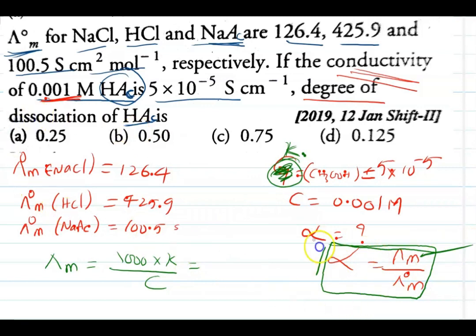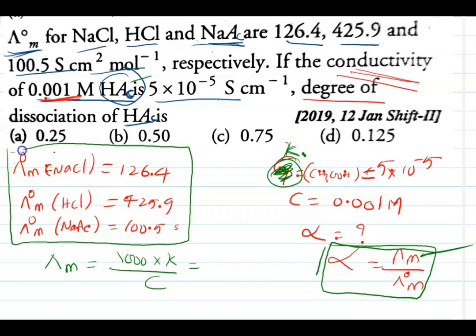Lambda naught m of acetic acid cannot be calculated directly. So you should calculate it using the limiting molar conductivity of strong electrolytes.